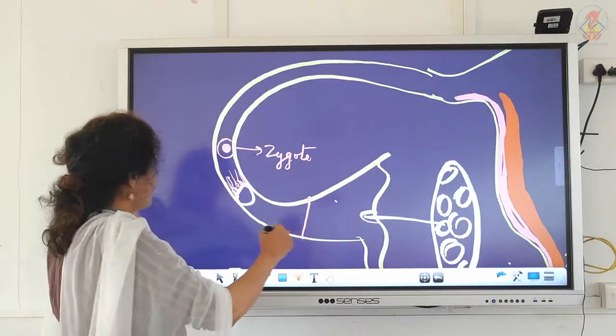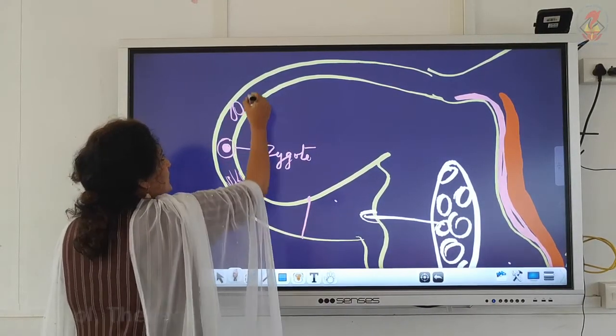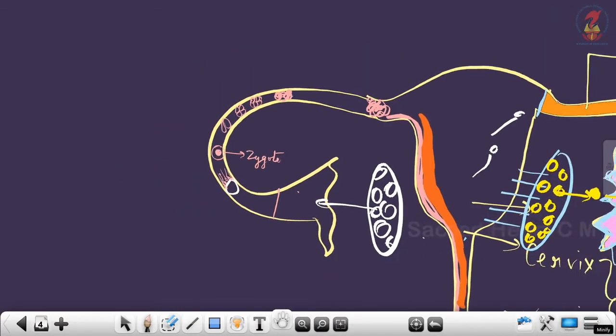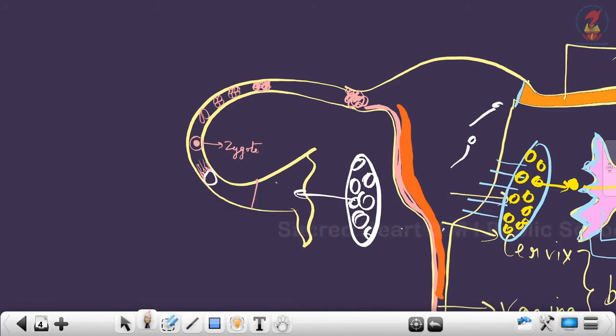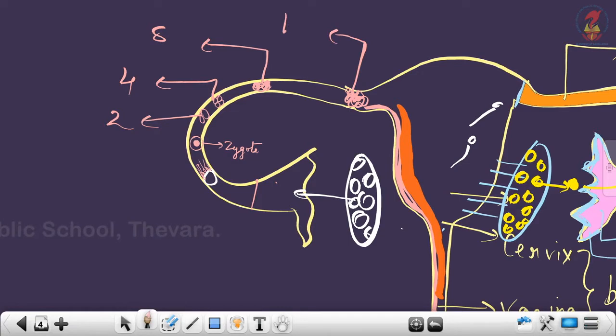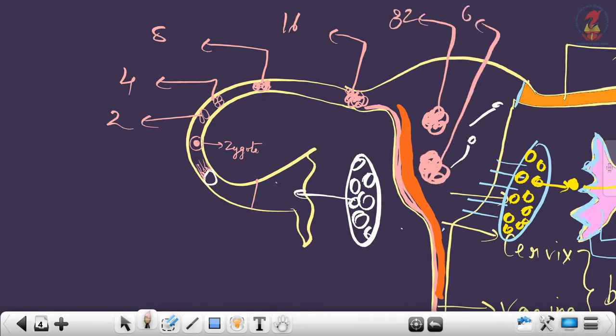The stages are the 2 cell stage, 4 cell stage, 8 cell stage, 16 cell stage, then the 32 cell stage, and the final stage is the 64 cell stage.